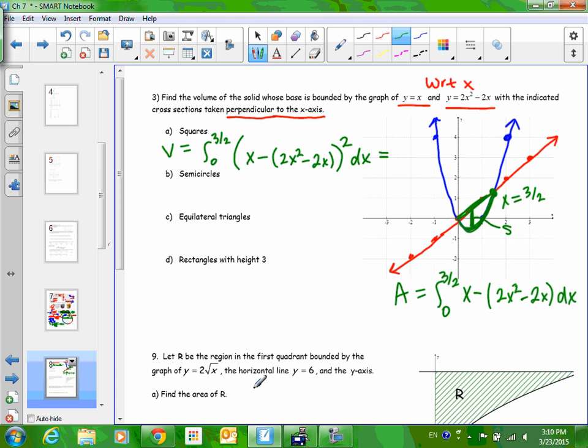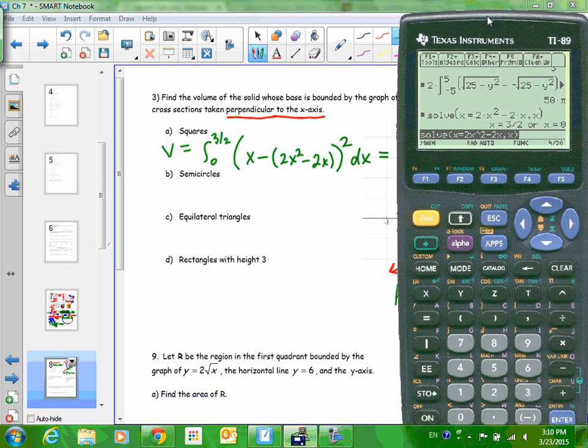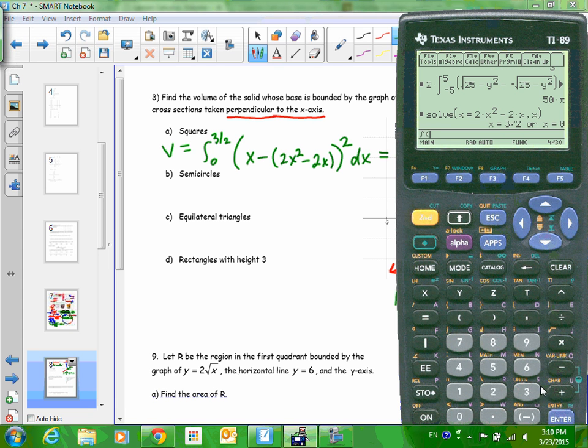Okay, so in our calculator, I'm going to integrate. Be careful with this. When you know you're going to have to do integration and square, just go ahead and do integration open, open, because you're going to have to do both of those.